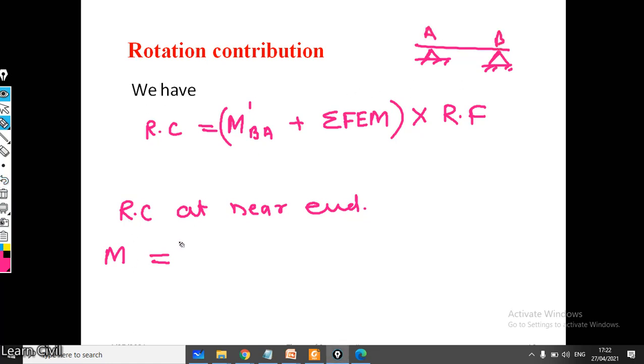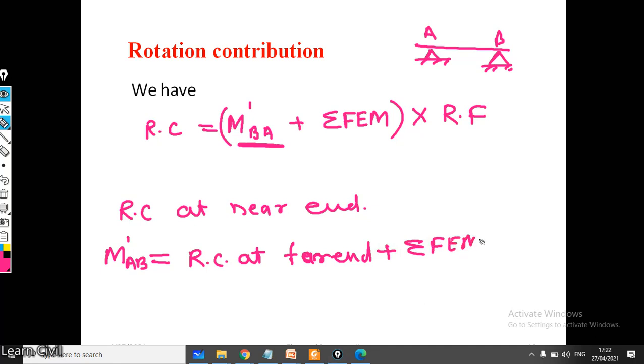Then the rotation contribution at near end, that is m dash ab, is equal to the rotation contribution at far end, that is m dash ba, plus the summation of fixed end moment at joint A, multiplied with the rotation factor.